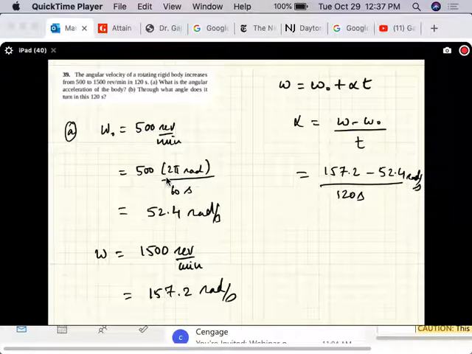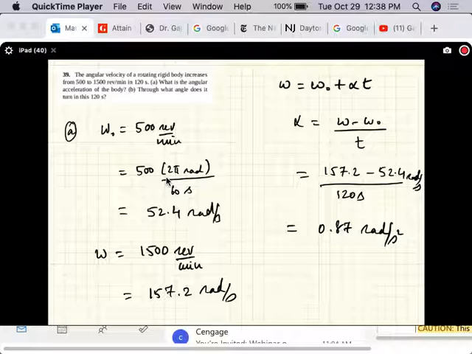So this will work out to 0.87 radians per second squared.